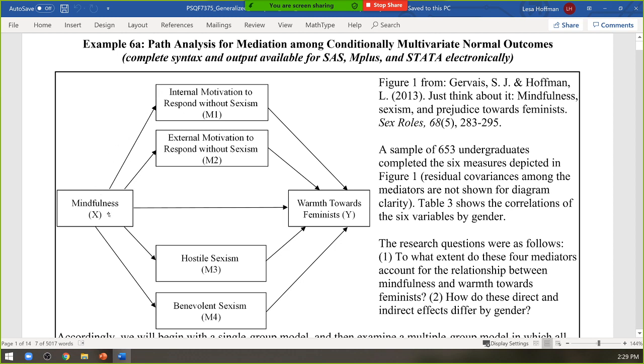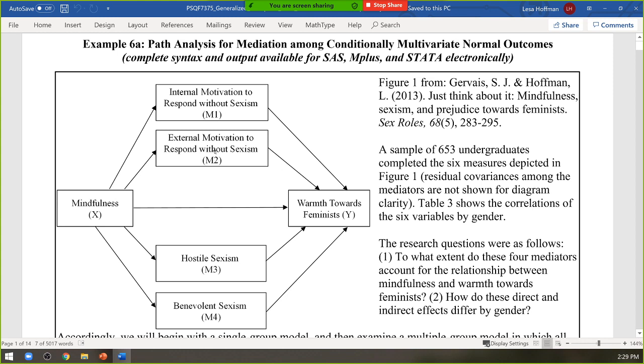It's this path from mindfulness up to the mediator multiplied by the path from the mediator to the outcome. That's what's known as an indirect effect. And the reason we ask for that is because that is the formal test of the extent to which this path from mindfulness to the outcome Y would have been different if not controlling for the mediators.